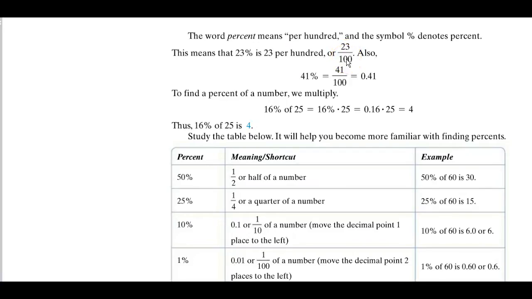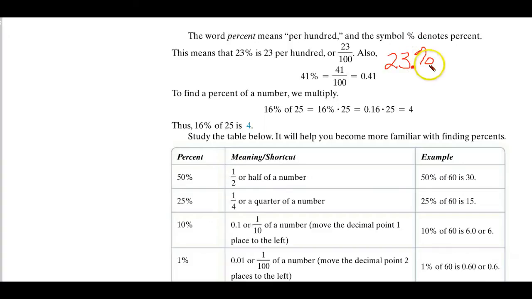And the short rule, when you have 23%, and you want to change that to a decimal: right now the decimal point is here.